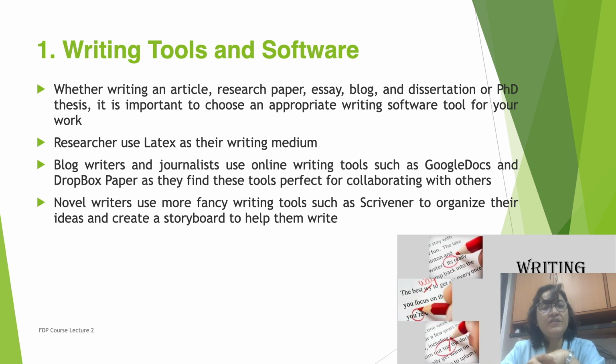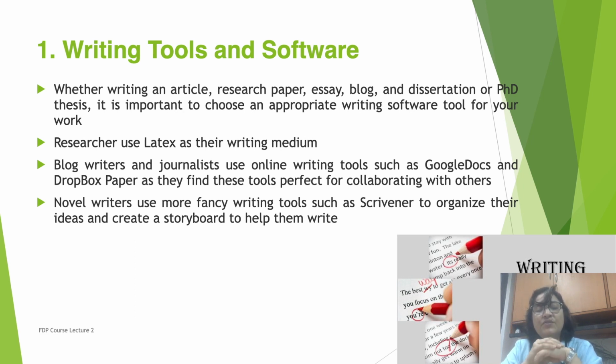So, going to the first topic, that is writing tools and software. Whether we write an article, a research paper, a review article, essay, blog, dissertation, or PhD thesis, it is important to choose an appropriate writing software tool for your work, right? Normally researchers use LaTeX as their writing medium.